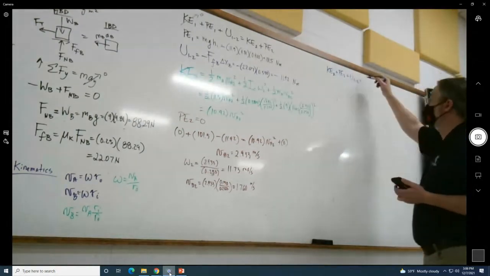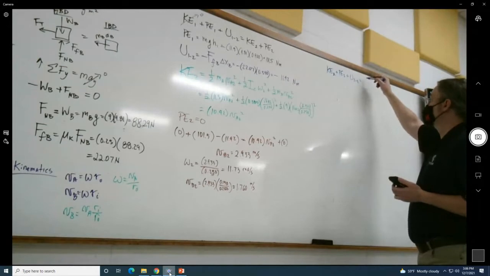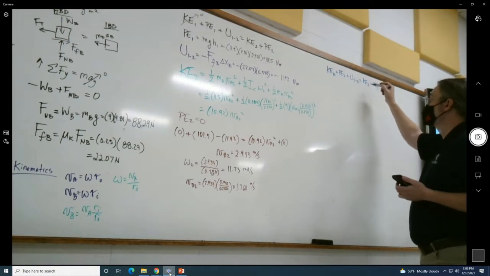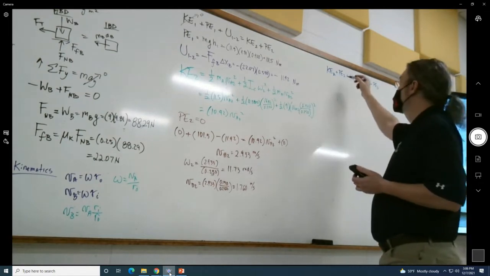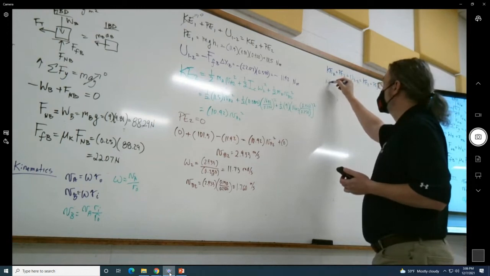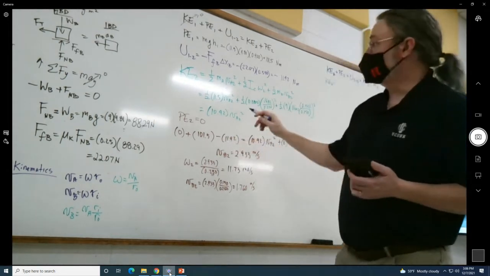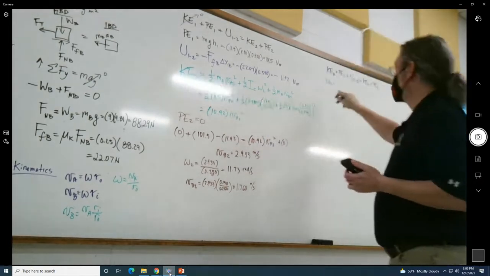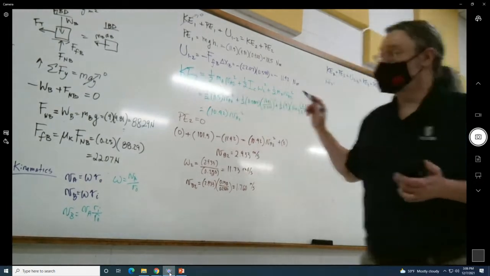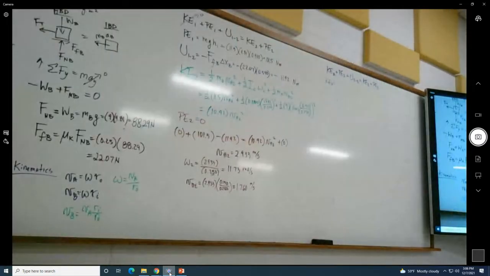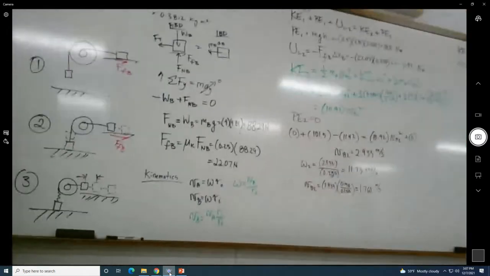So I get the kinetic energy at 2 plus the potential energy at 2 plus the work done between 2 and 3 equals the kinetic energy at 3 plus the potential energy. But I've got to be careful here. I might have wanted an in-between step here.